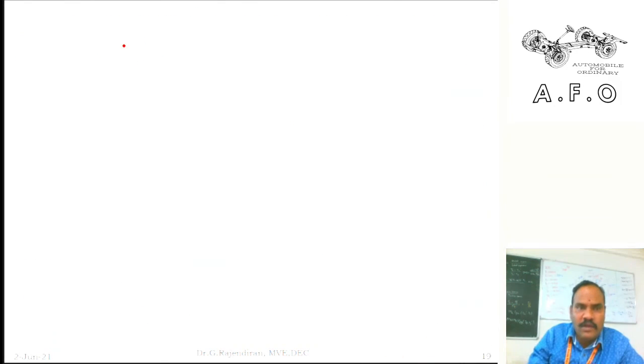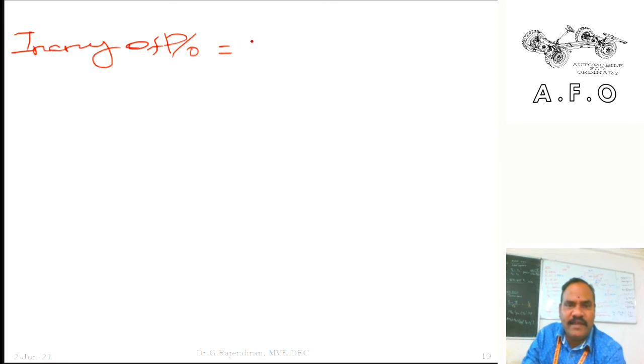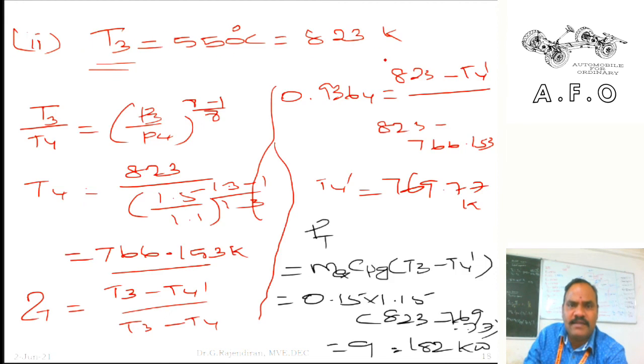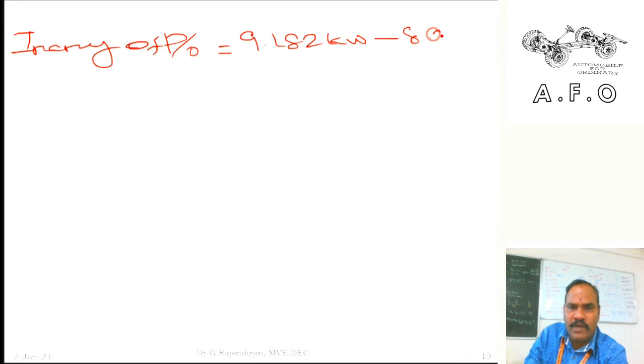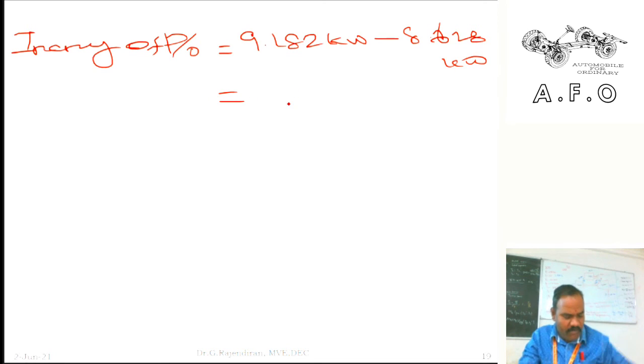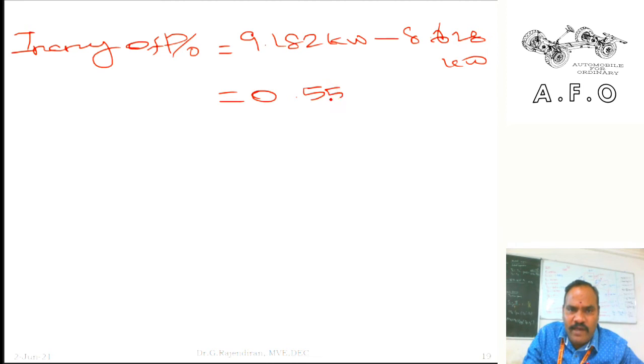Then the increase of the power output is, what was the previous case? 9.182 kilowatt minus 8.628 kilowatt. The increase of the power output is equal to 0.557 kilowatt. This is the next answer.